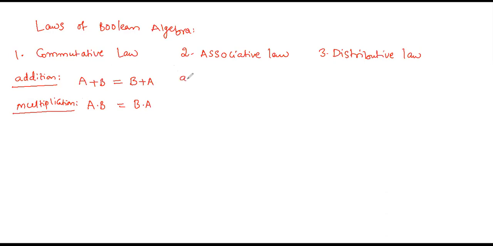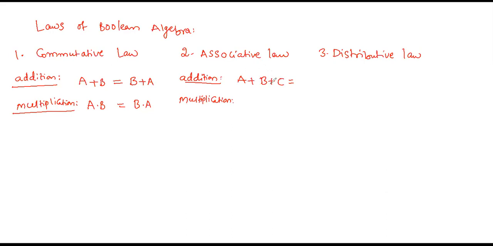Associative law. Again, here we are having two laws, addition and multiplication. Addition, okay, when you are adding more than two variables, regardless of the grouping, the result is same.